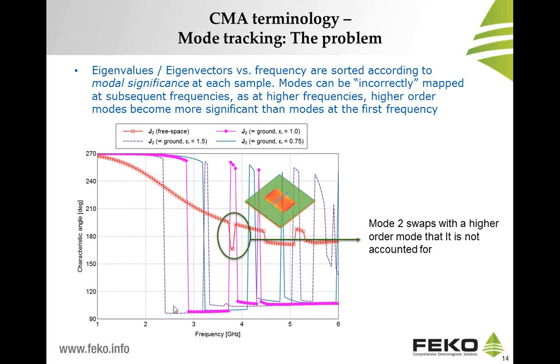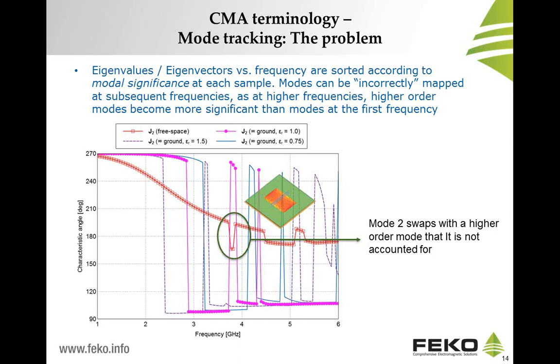The problem is that at each frequency iteration, we solve the generalized eigenvalue equation, and we gain a set of eigenvectors and also eigenvalues. But as I mentioned earlier, these quantities are sorted according to modal significance. That is, they are sorted according to their resonant behavior.